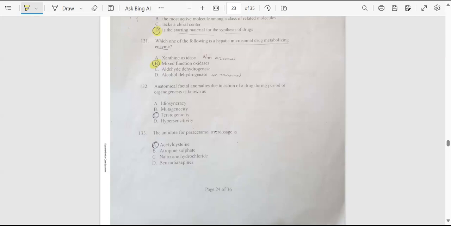So where are each of those enzymes found? Alcohol dehydrogenase, where do you find it? I think in the liver, but the question is more about microsomal enzymes. I don't think they're microsomal.